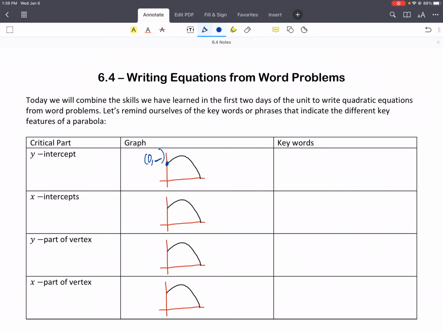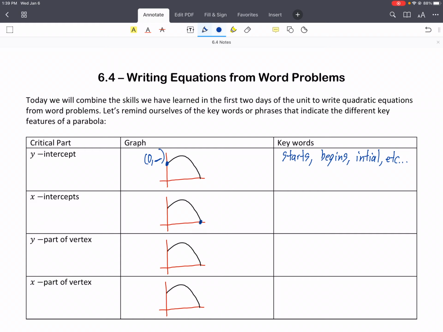Okay. Keywords you're going to look at in word problems are where you see like starts, begins, initial, anything like that. So if you see anything like it starts at this point or it begins here, that's going to be a good indication that's your y-intercept.